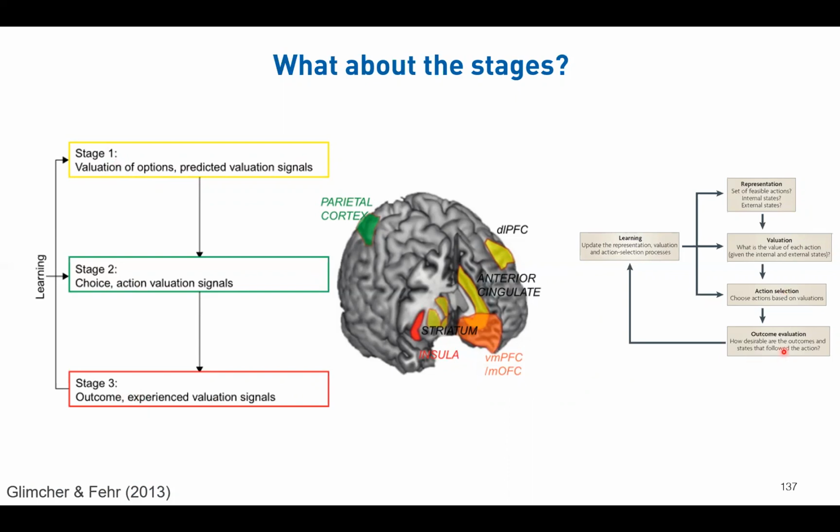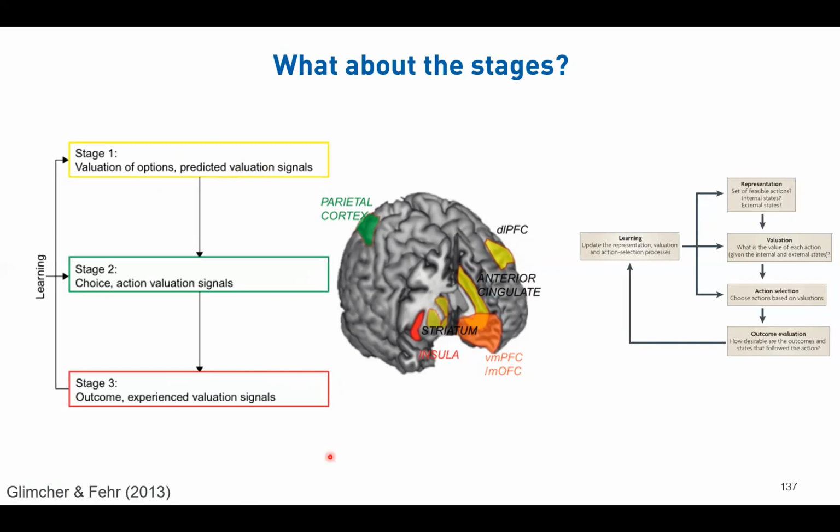Outcome is here, this one. So they show some correspondence. You also see there's VMPFC, and the striatum, which includes the nucleus accumbens. The striatum is the larger area, and the nucleus accumbens is a sub-area of the striatum. And relatedly, there are other areas related to the valuation parts, but this is a little bit too much for today. Okay.